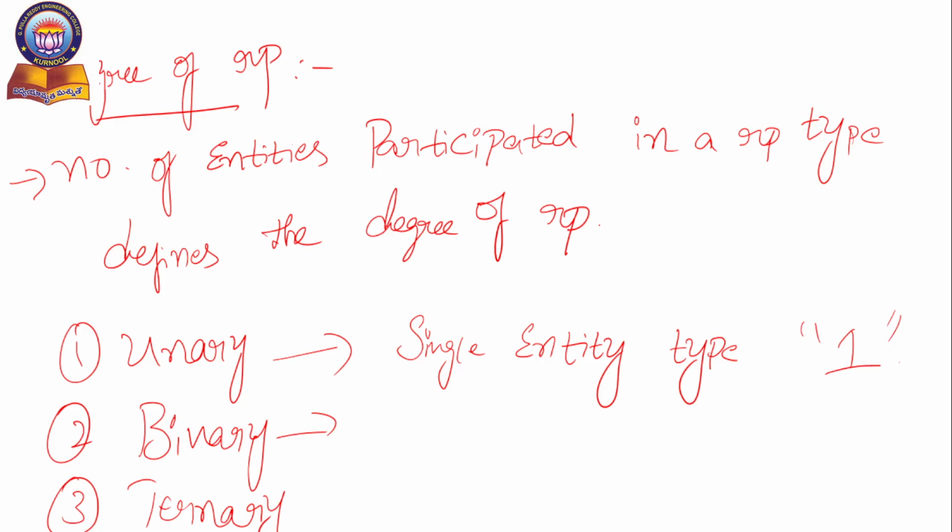Binary relationship is nothing but it contains 2 entity types. Unary relationship means 1 entity type, binary relationship means 2 entity types, so the degree of a binary relationship is 2. Next, ternary relationship contains 3 entity types. So the degree of a ternary relationship is 3.